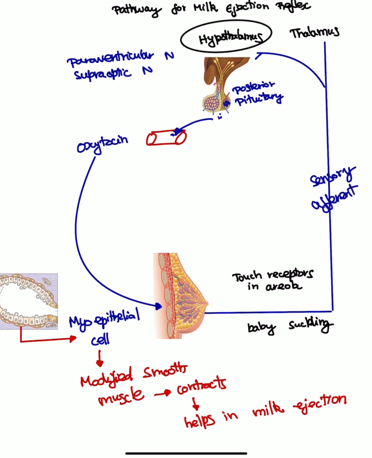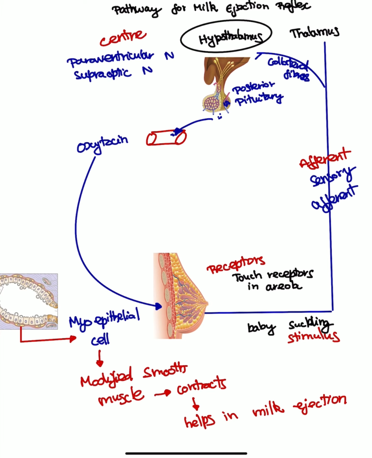Now the stimulus for this reflex is the baby suckling. The receptors that are stimulated are the touch receptors in the areola. The afferent fibers are the sensory afferent and the collaterals.